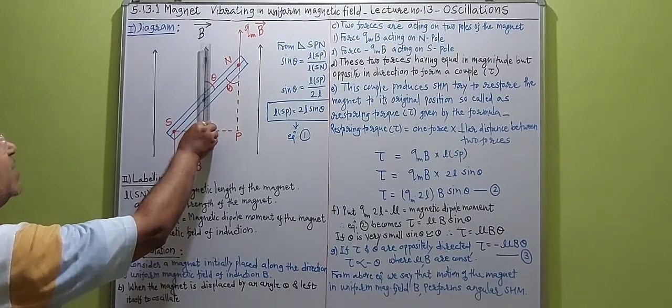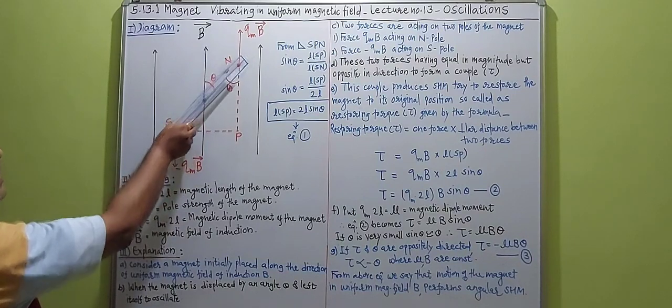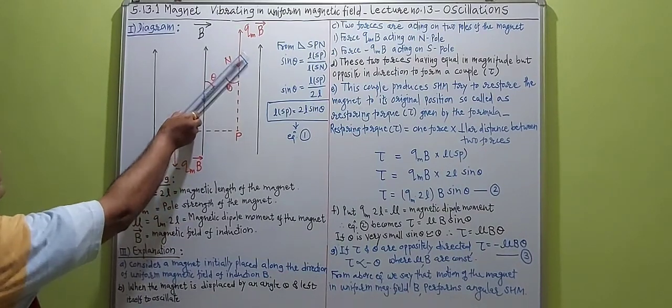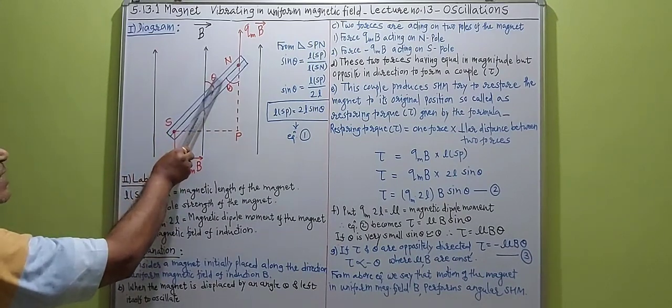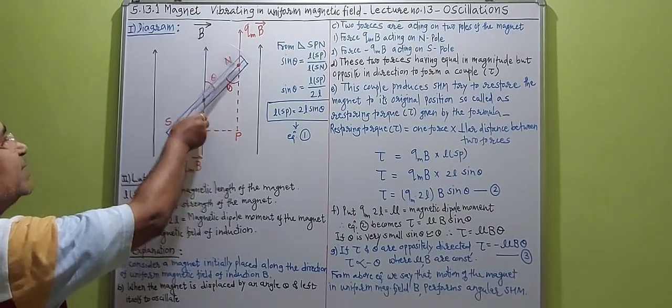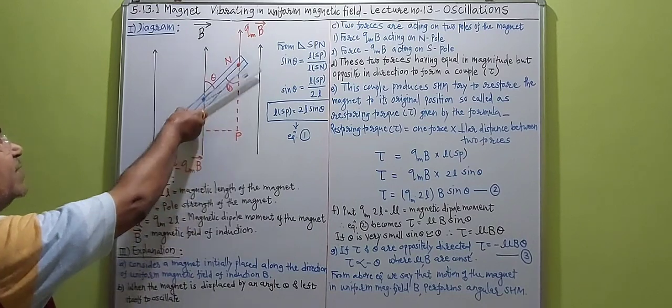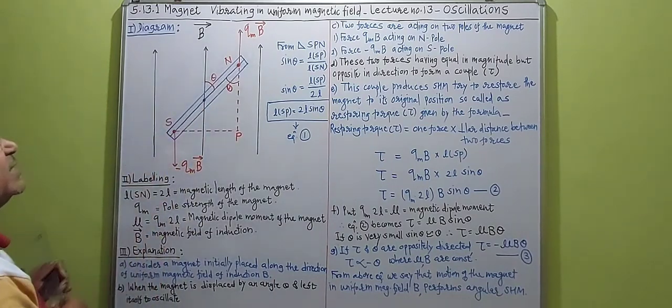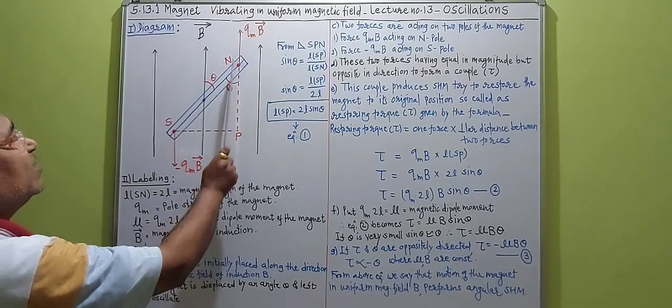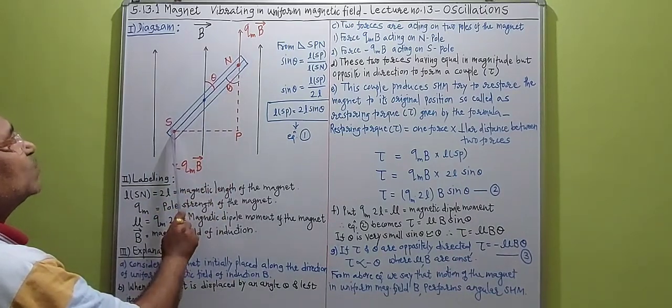If this magnet is displaced by an angle theta, suppose like this, and left to oscillate, then the magnet starts oscillating like this. As soon as the magnet starts oscillating, two forces act on the north pole and the south pole.